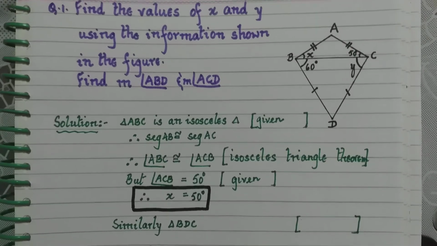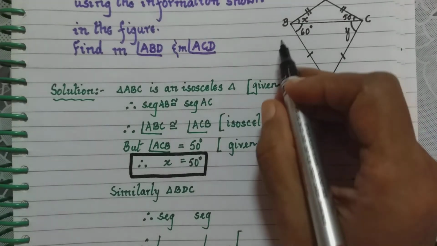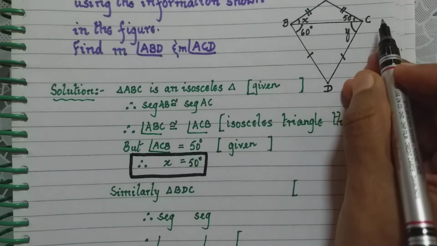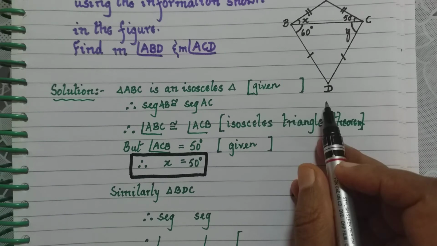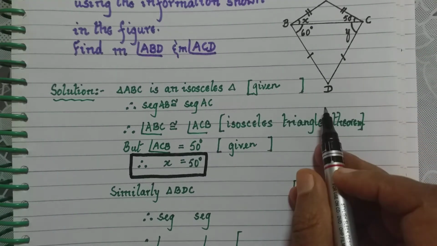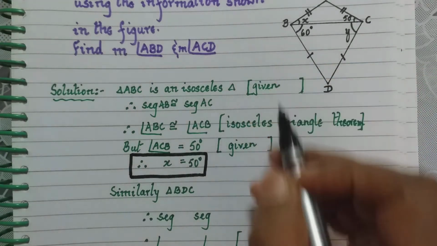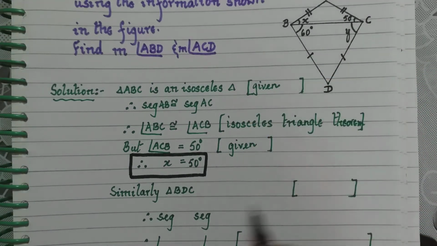Similarly now we have the next triangle BDC. You see in triangle BDC also segment BD is congruent to segment DC. Therefore triangle BDC is an isosceles triangle.